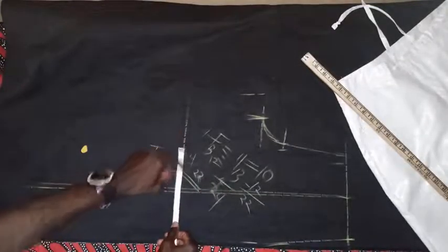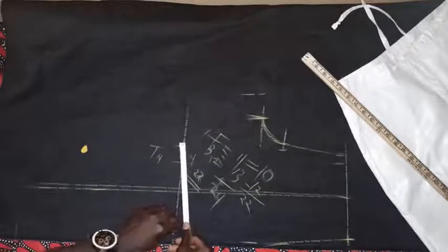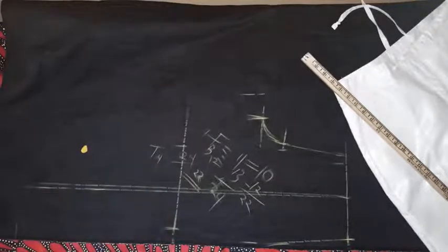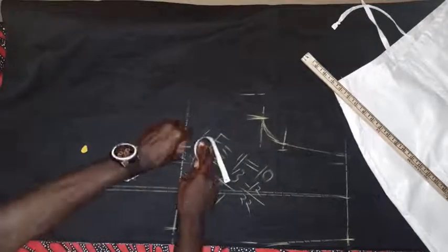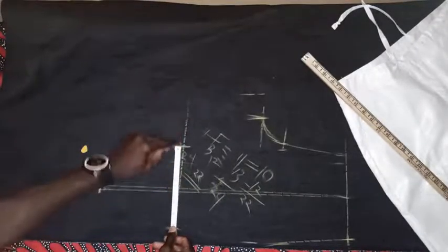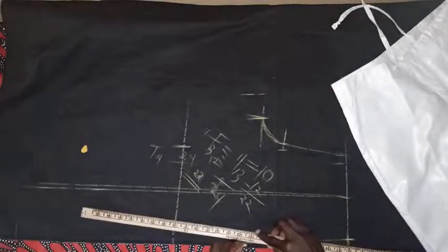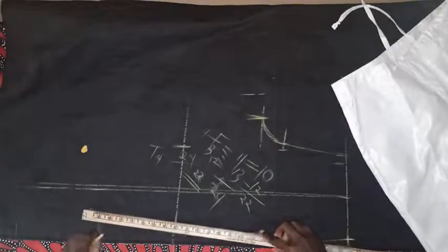So this is 3.5 this side here, 3.5 this side here. Divide 14 by 2, you have what? 7. So 7, how can we get our 7 at this point? I'll take 3.5 this side, 3.5 this side, and keep getting our 7. So it means this is the shape of our trouser.